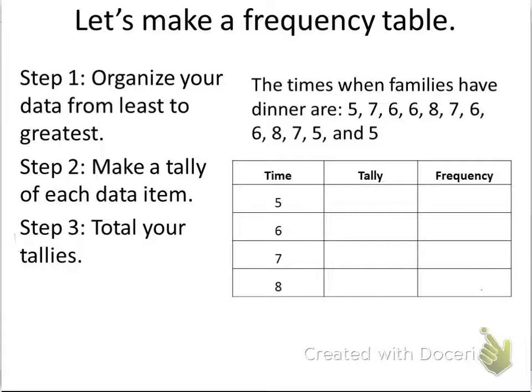Now we're going to make a frequency table. The first thing I need you to do is write down your steps. However, I need you to cross out on your note your step number 1, and instead of filling in the blanks, you're going to write what I'm going to write up here.